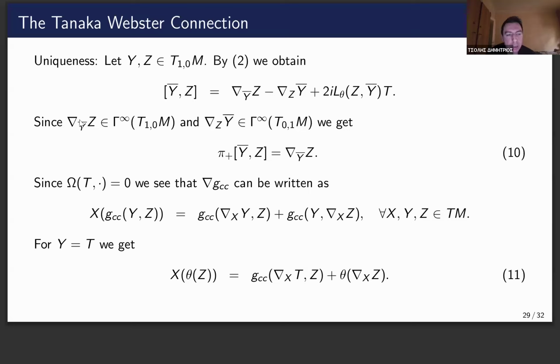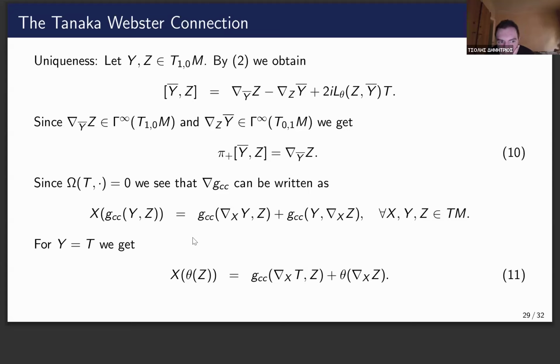Now we can see that this covariant derivative of Z with respect to Y bar and the covariant derivative of Y bar with respect to Z belong to the sections of the holomorphic and anti-holomorphic tangent bundles respectively. So eventually we get this identity. And since we have this relation here, this is due to the contact structure, the way it is defined. So we see that this nabla of the metric, of the Carnot-Carathéodory metric, can be written as this.